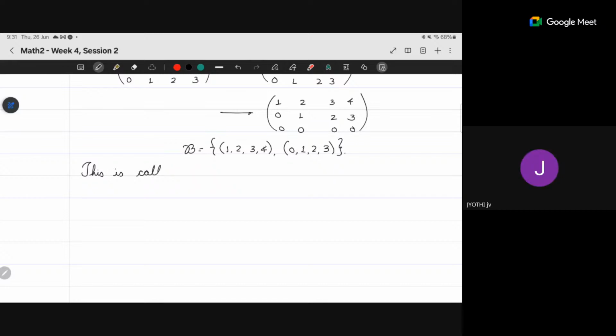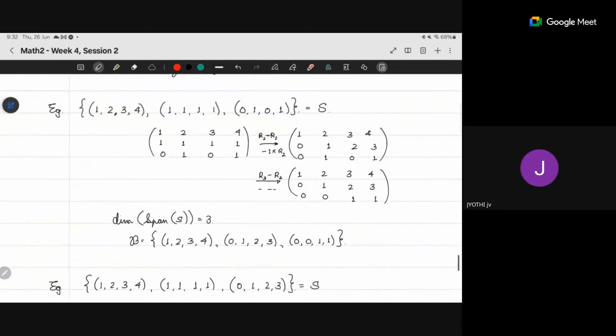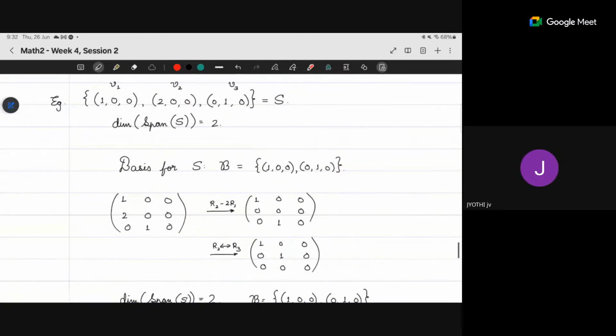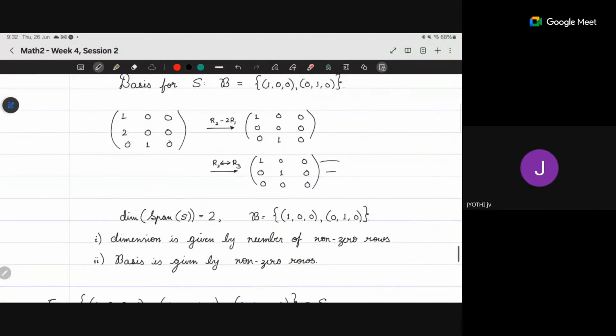In case we are rearranging the rows, there will be a change in the vector we choose for the basis. No, we will choose the non-zero rows itself. Over here, for example, we interchanged rows 2 and 3, but the basis turned out to be row 1 and row 2 itself.